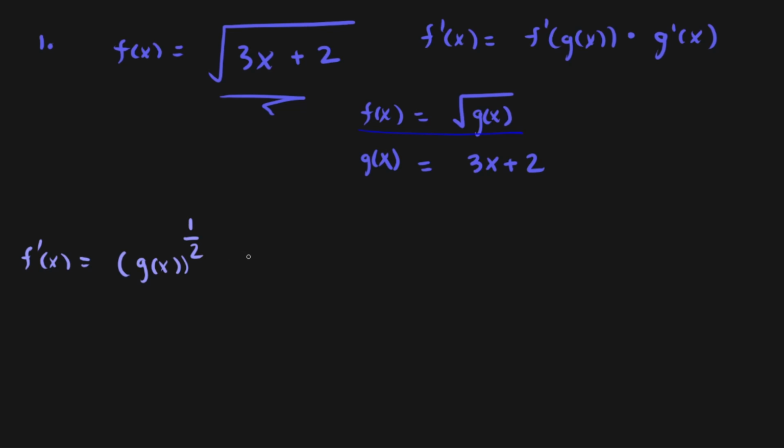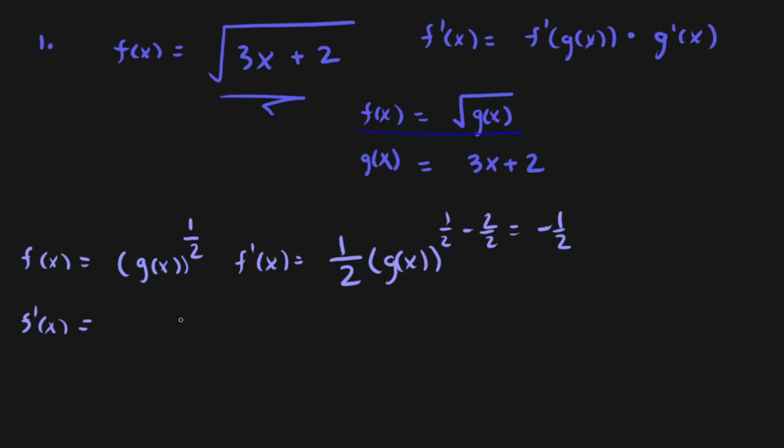To find the derivative of that, this is f prime, we just move the exponent to the front, and then we subtract 1, so 1/2 minus 1, or minus 2 over 2, is negative 1/2. So f prime of x equals 1 over 2 square root of g of x.